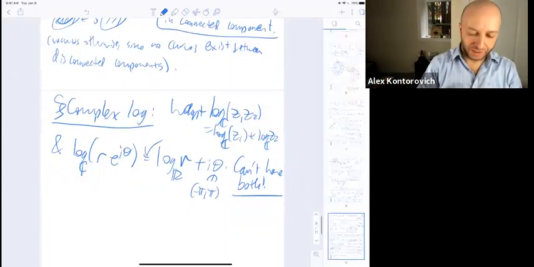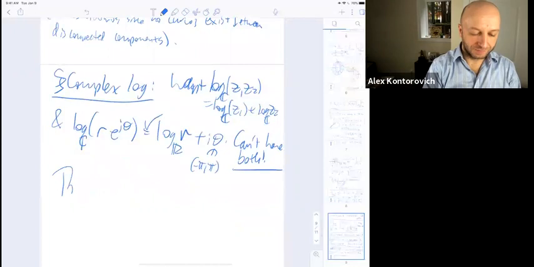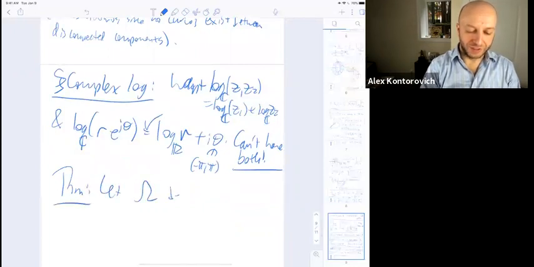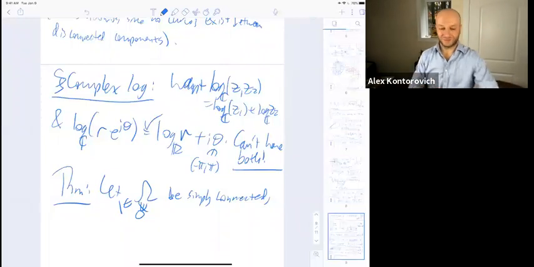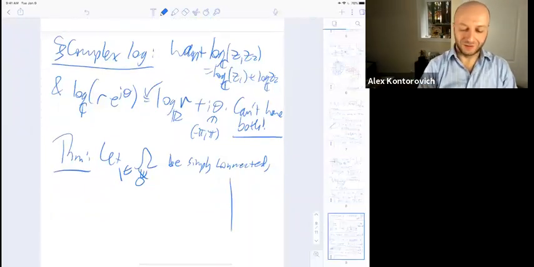Let's just state a theorem. Let omega be simply connected. Assume that 1 is inside omega. Assume that 0 is not inside omega. Okay, so here's 1, here's 0.